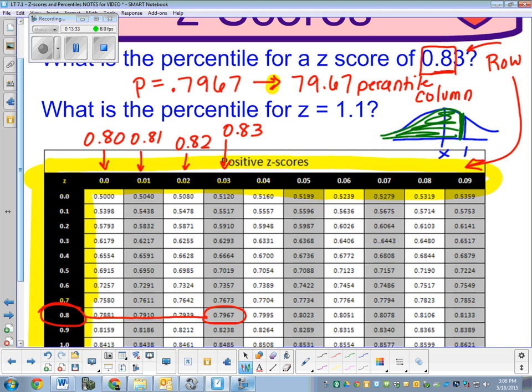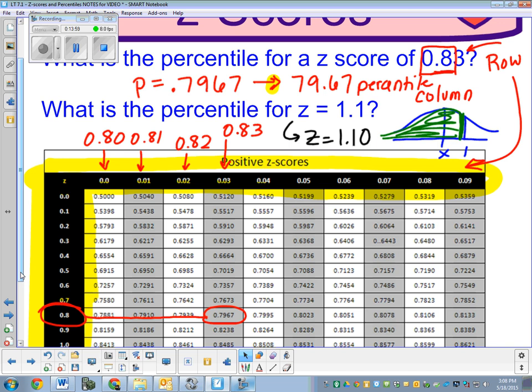So what I'd like you to do right now is pause the video, and I want you to look up a z-score of 1.1. Keeping in mind that if it doesn't have a second digit, you can always think of it as z equals 1.10. So locate that on your table, put your finger on it, and then check in with a neighbor and make sure you've located the right number.